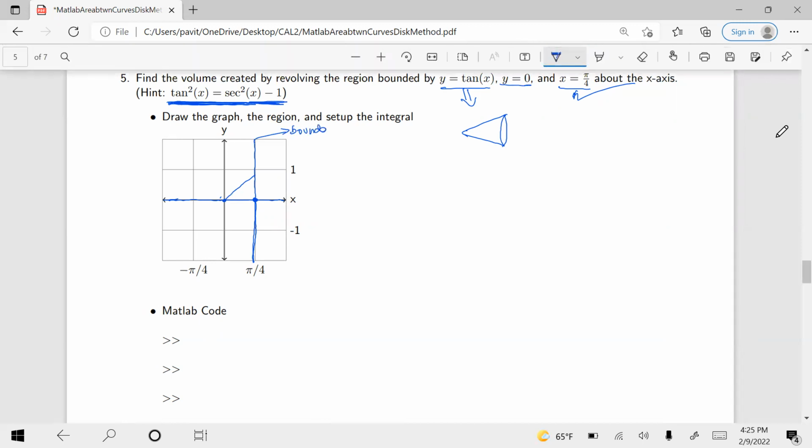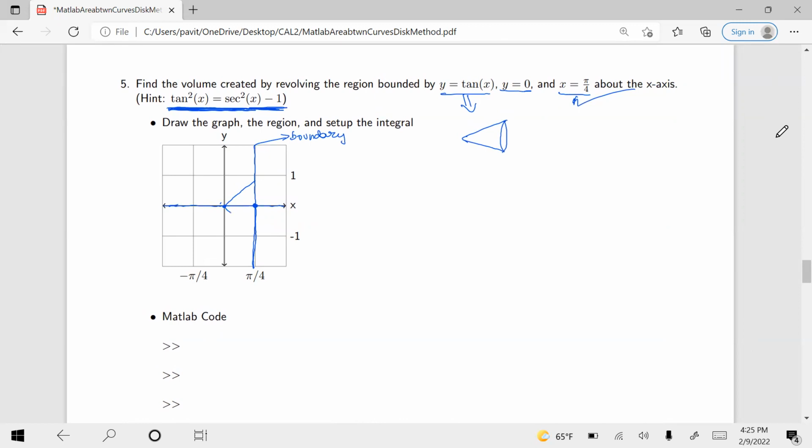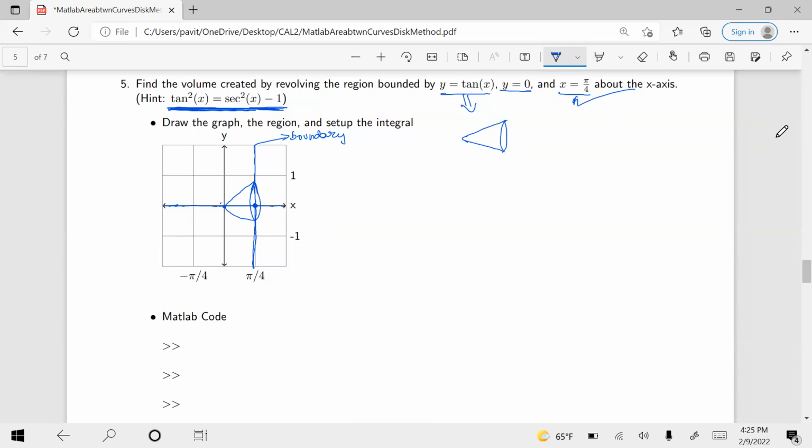Your figure should not cross this line. So you have a cone here, right? You will have two radii, an inner and an outer radius.